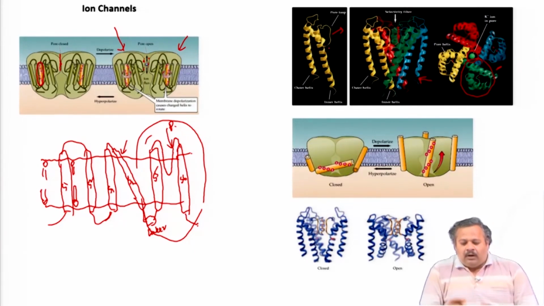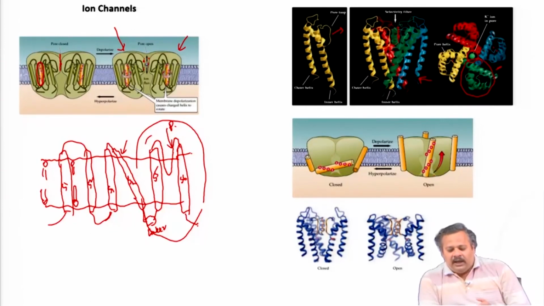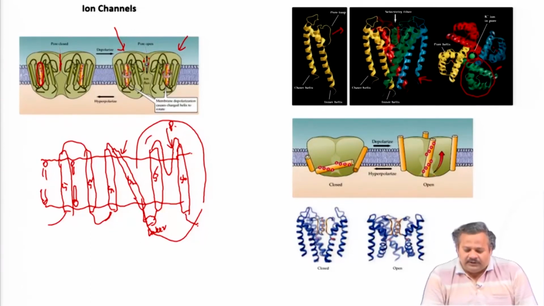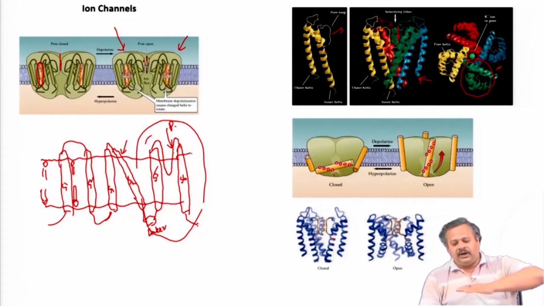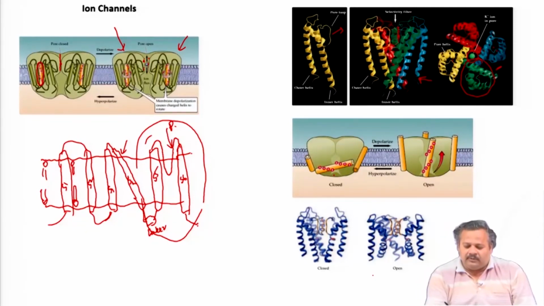So, now if we put all this together with the S1, S2, S3 outside and the S4 that provides the way in which the ion channel opens or closes, that is shown here, that is either it rotates down or goes up depending on depolarization and hyperpolarization.